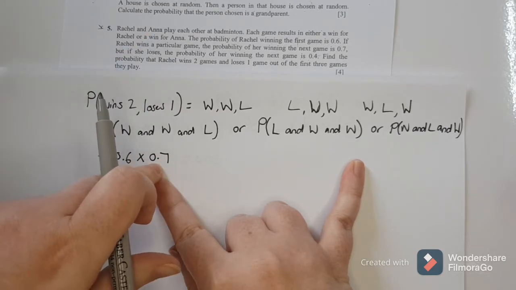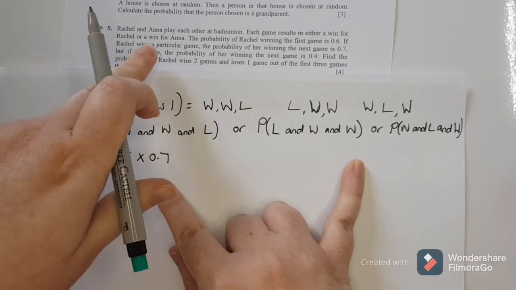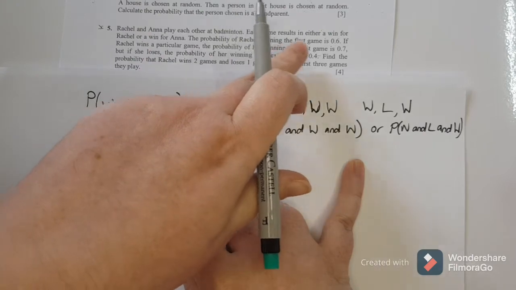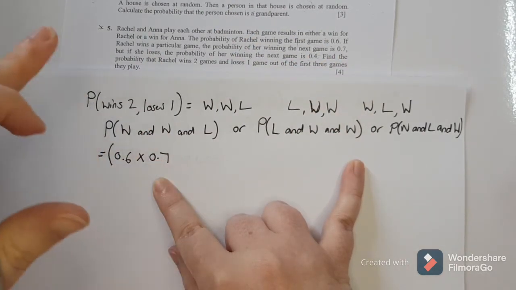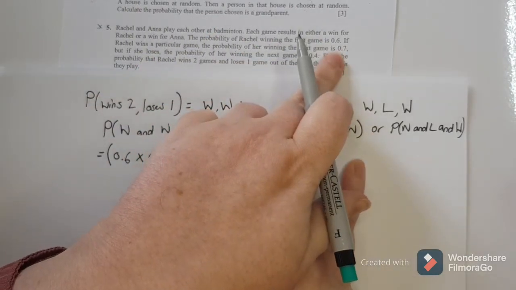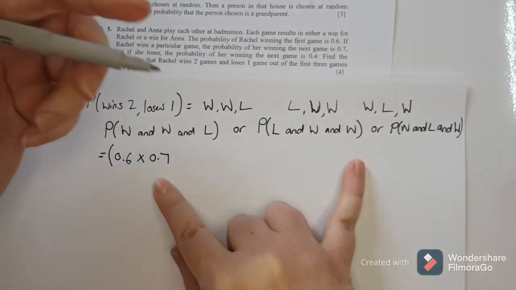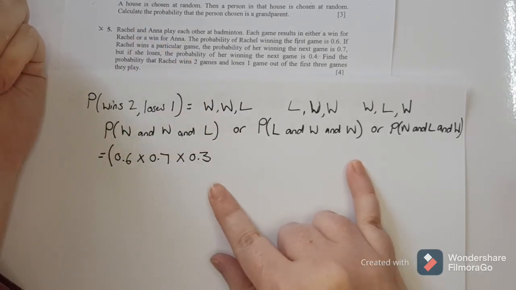And then after she wins that one, she's going to lose. So she won the game, but then the next one she lost. So if the probability of her winning is 0.7, that means the probability of her losing is going to be 0.3. So that's going to be times 0.3.